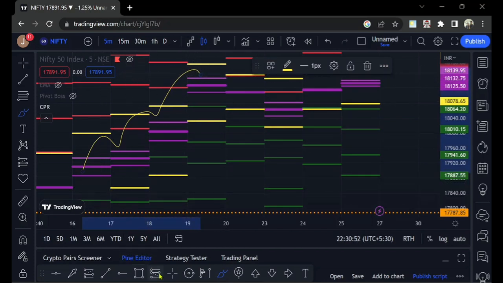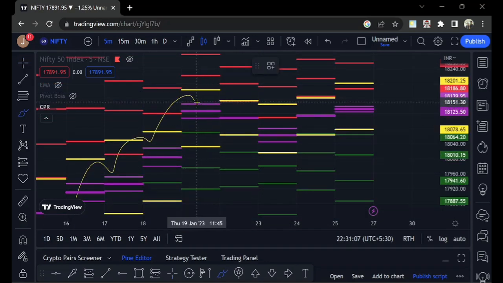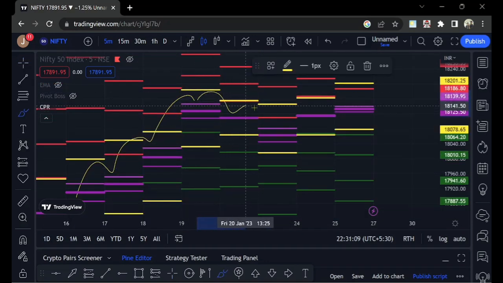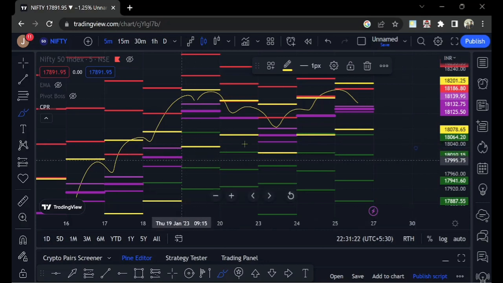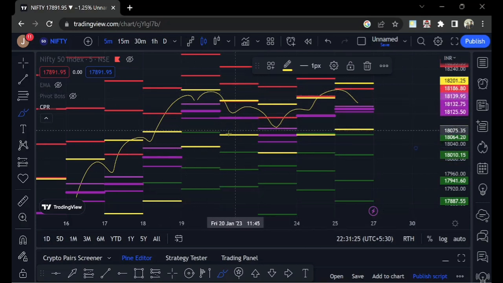According to Franklin Ochoa, if the CPR is ascending, the market is in an uptrend. If the CPR is going sideways like this, then the market is also sideways according to his formula. Overall concept, the market is sideways at this particular area.